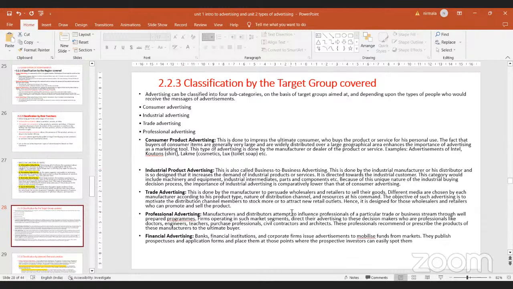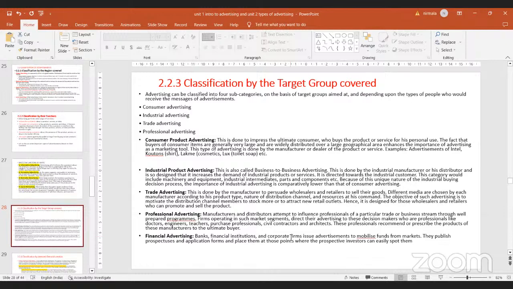Then professional advertising is done by the manufacturers and distributors to influence the professionals in buying those kinds of products and services. For example, professional advertising is done to reach out to your niche, a specific set of consumers.